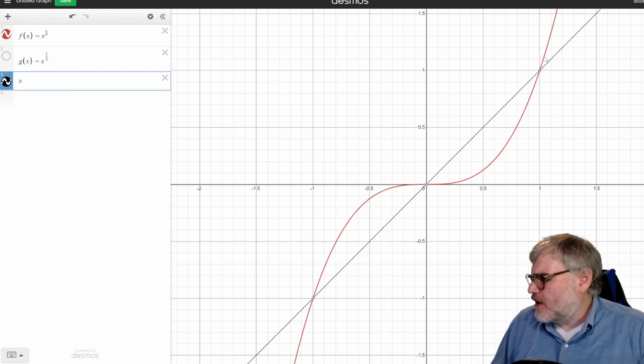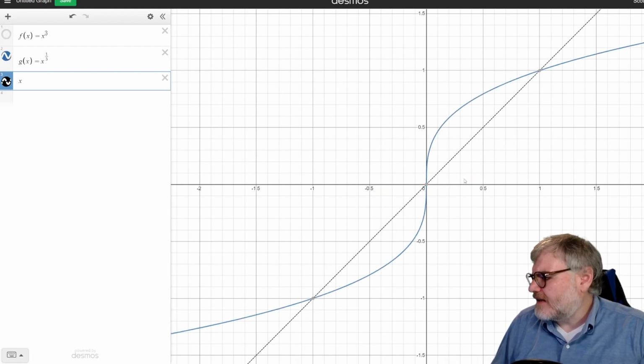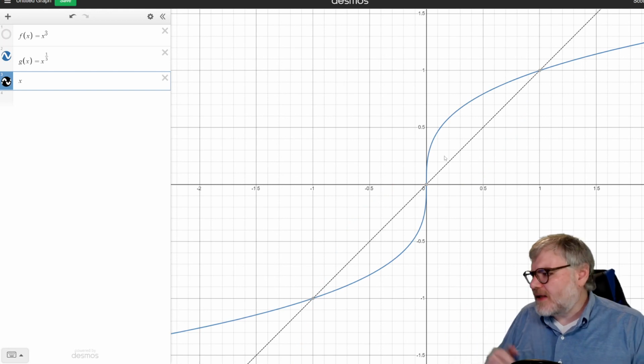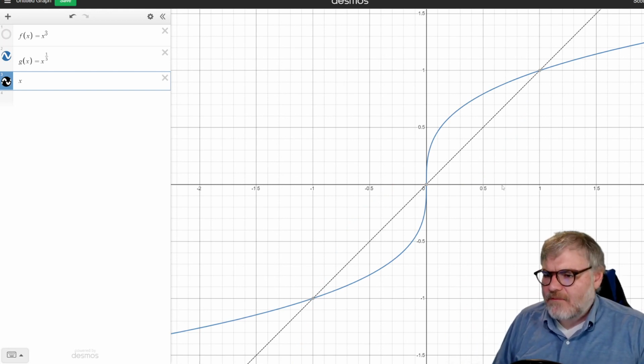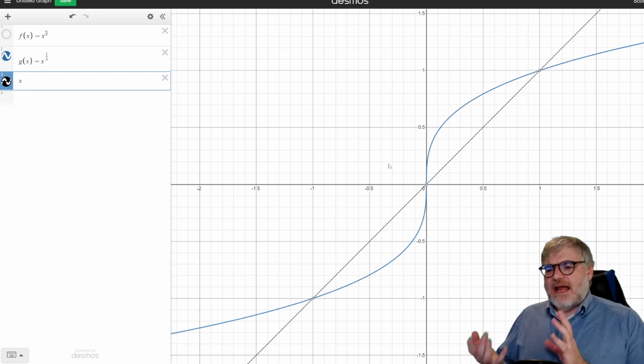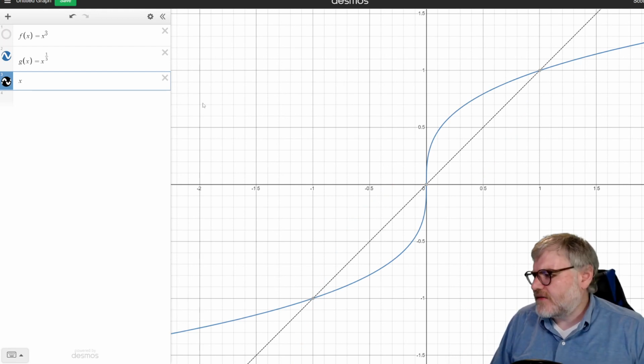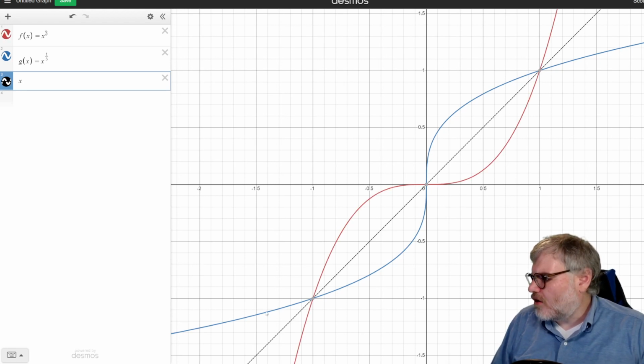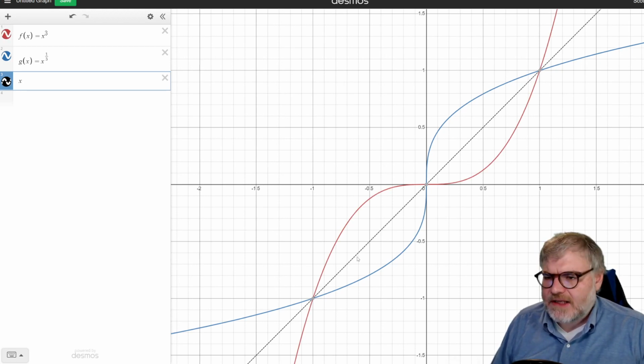In other words, I flip it along the identity line here, and I get that, right? So I've changed x to y and y to x, and I get this. Okay. So these graphs are inverses of each other, because they're symmetric along this 45-degree identity line.